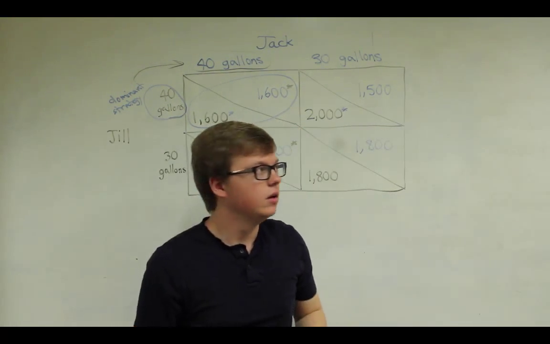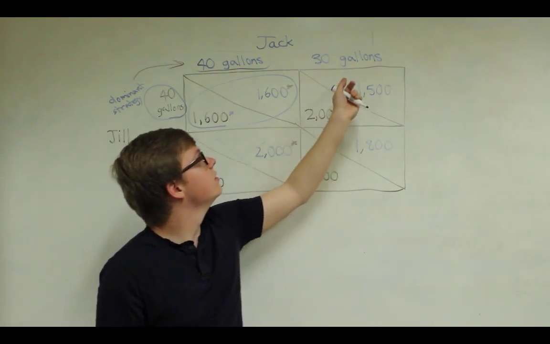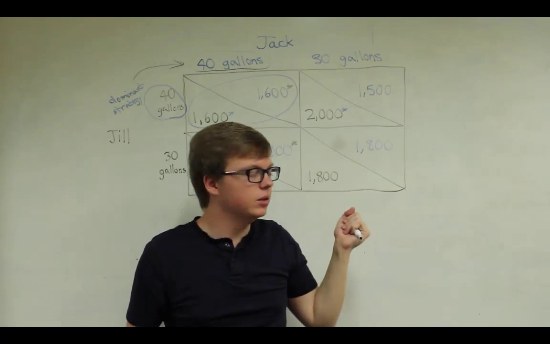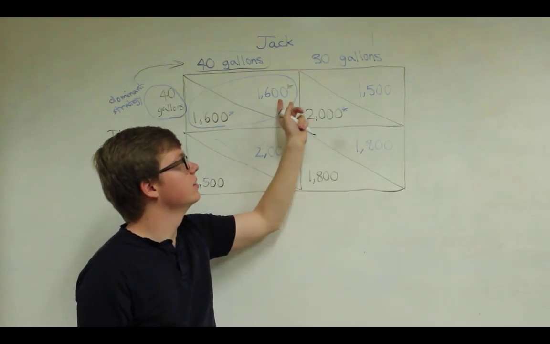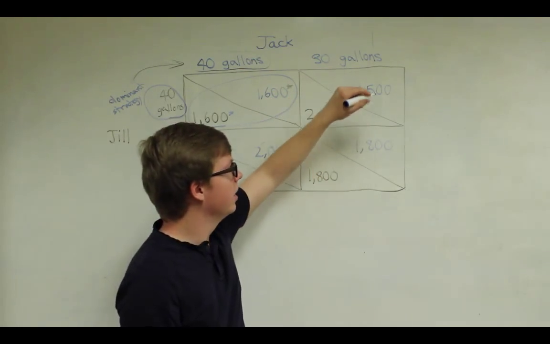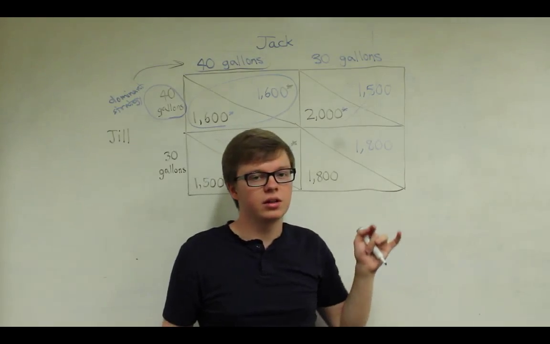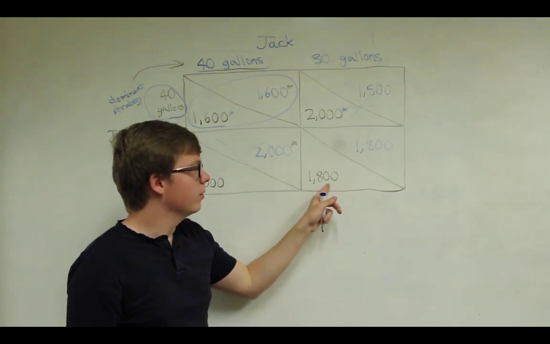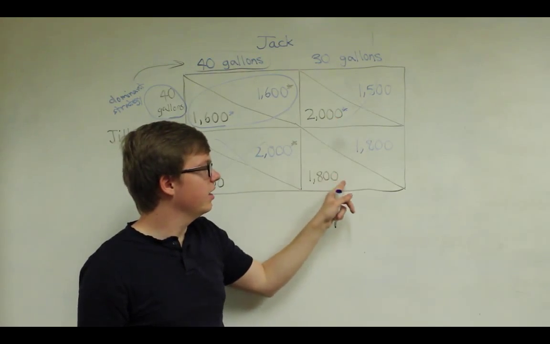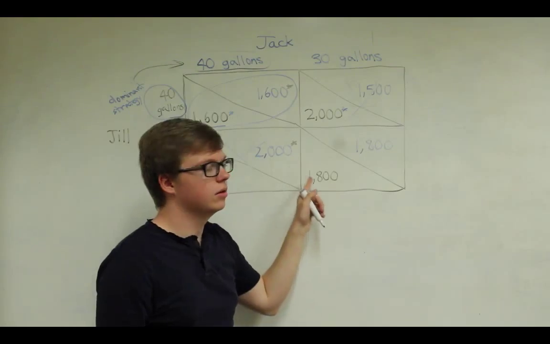Same thing, it's symmetric, so we know that Jill doing 40 gallons and Jack doing 30 gallons is not a Nash equilibrium. You can see that because Jack could change his strategy to 40 gallons and make a higher profit. And similarly, each selling 30 gallons is not a Nash equilibrium because either Jill could change to 40 gallons and make a higher profit, or Jack could do the same.